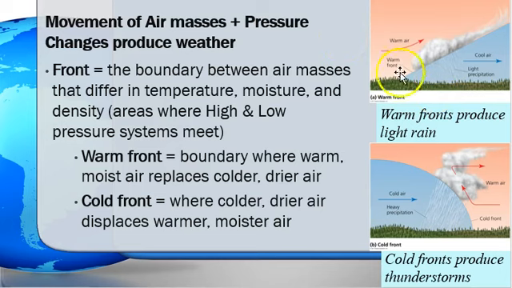And there's actually several different types of front boundaries. These are just a couple examples, but if you have a warm front moving in, you're usually going to get some light rain because your warm, moist air is coming in and replacing your cooler, drier air. If it's a cold front, you might get more of a thunderstorm.